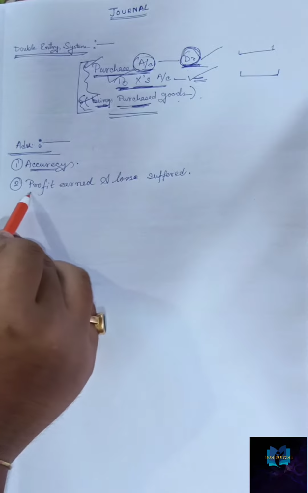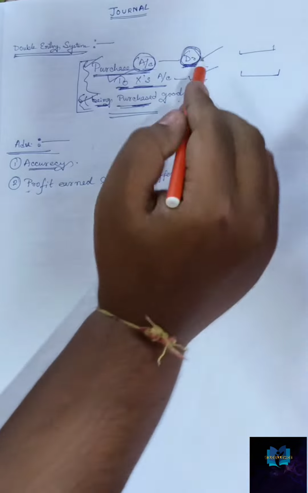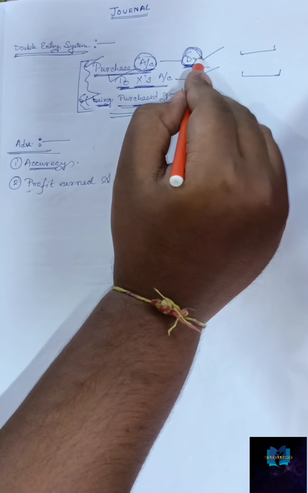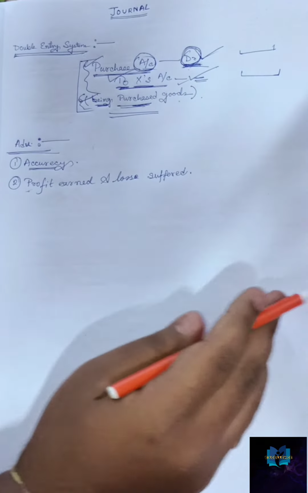While we are preparing the trial balance, what we are getting is our profit, and what we are giving is our loss. So profit is what we are getting, meaning debit. So profit is the debit side, and loss is the credit side.